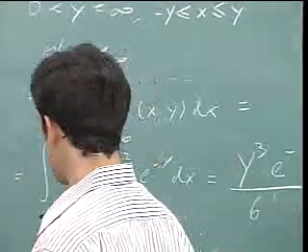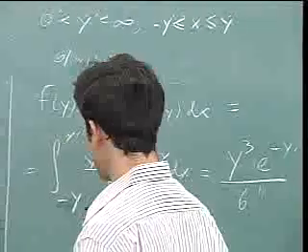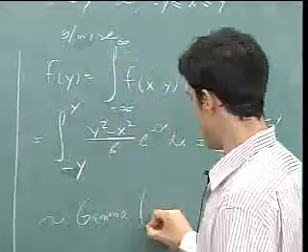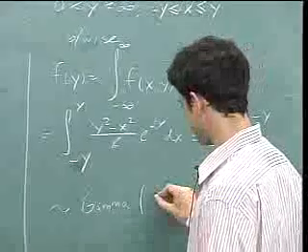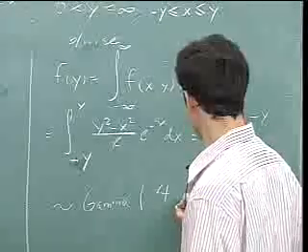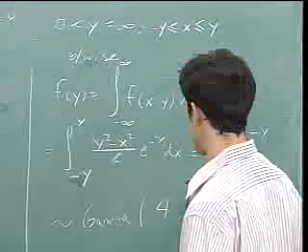And we can immediately mention here that this is gamma with parameters 4 and 1.